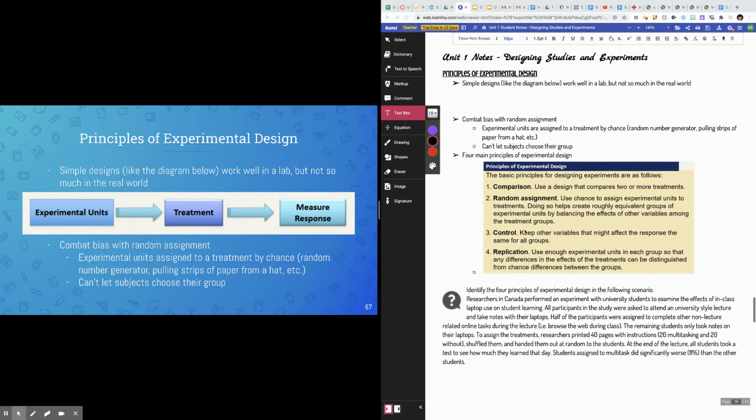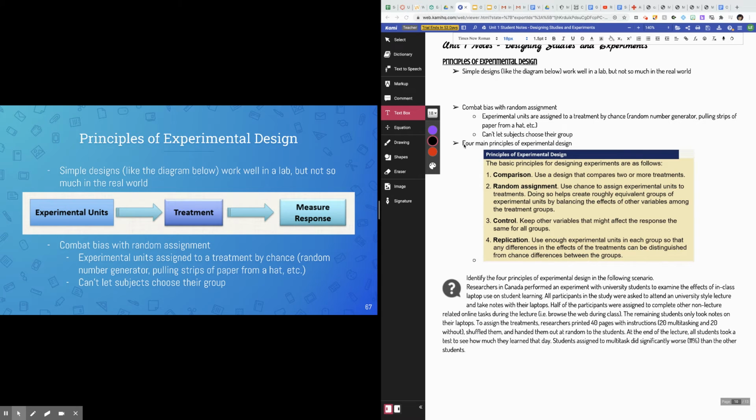So the design that you see on the left-hand side of your screen is a pretty basic one, right? Like a very basic one, right? Where you start with your experimental units, and then you apply a treatment to them, and then you measure the response, right?